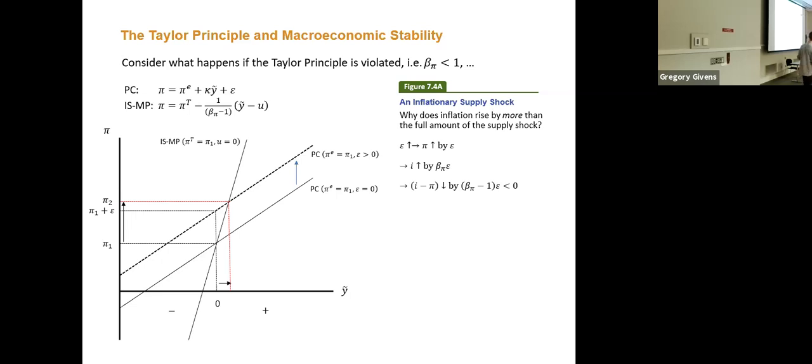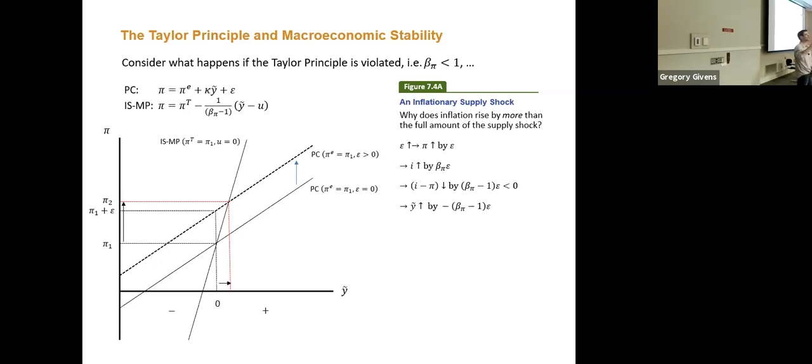Now ask yourself, what happens to the output gap as a result of a lower real interest rate? In the IS equation, as the real interest rate falls, the output gap rises. People want to consume more today, invest more today, net exports go up, etc. Remember, in the IS equation, there's a negative relationship between the real interest rate and the output gap.